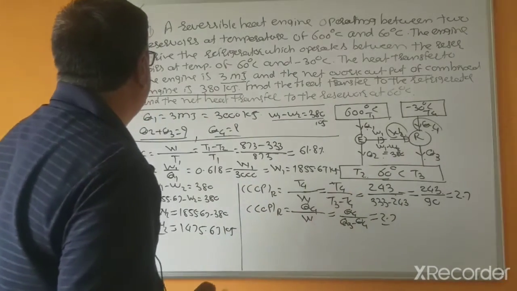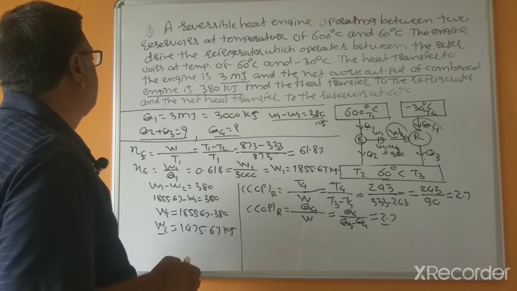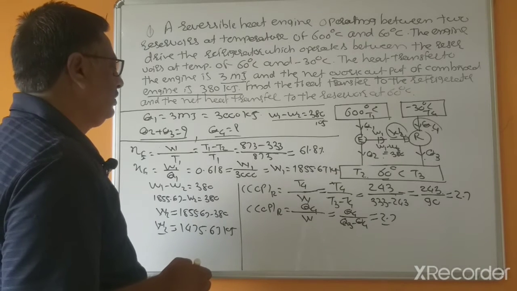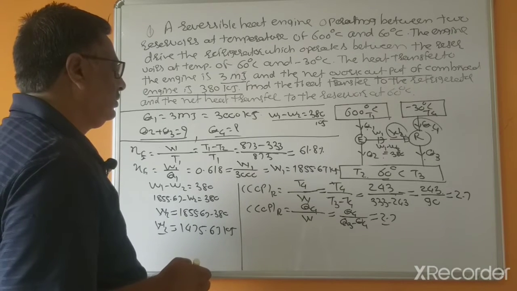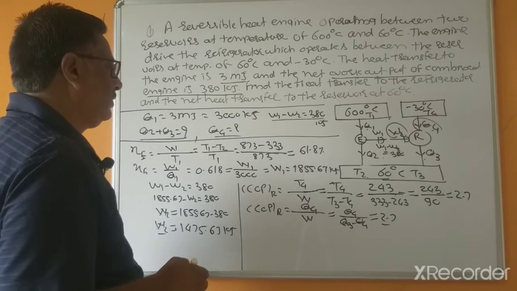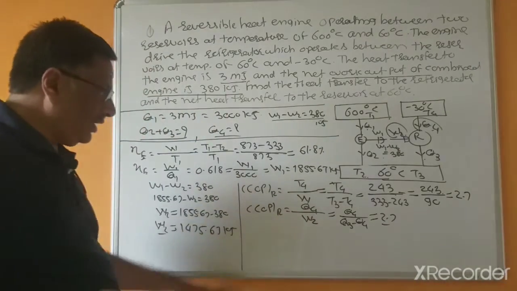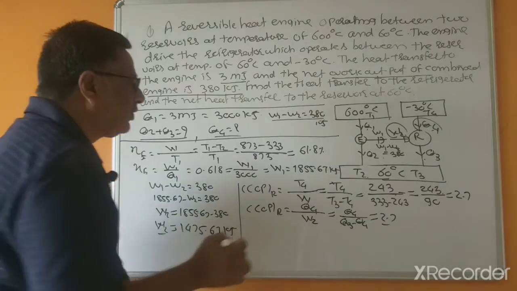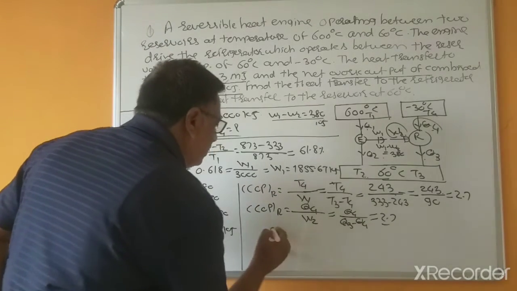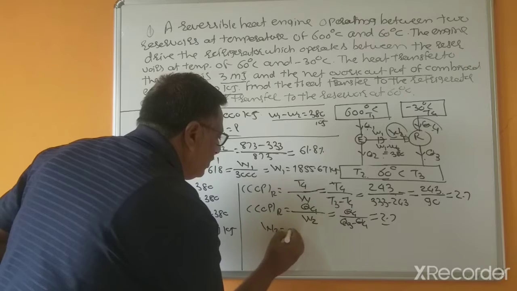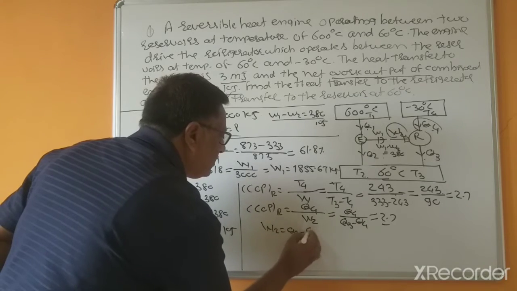Is anything given? Q1, W1, this is W2. So another relation, W2 equal to Q3 minus Q4.